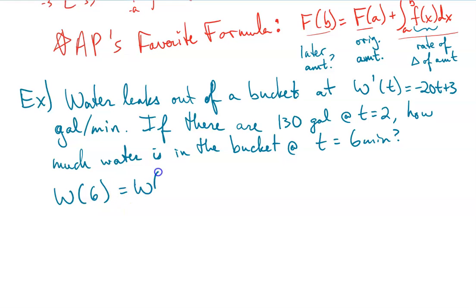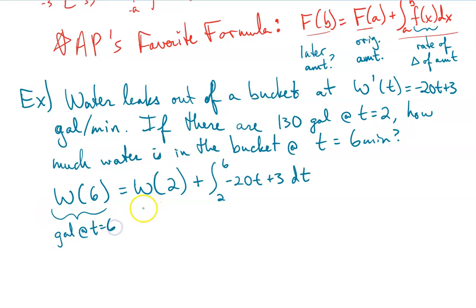And that's going to be equal to the gallons in the bucket at time 2 plus the integral from 2 to 6 of W prime of t, which is negative 20t plus 3 dt. Okay? So this is gallons at t equals 6. This is gallons at t equals 2.